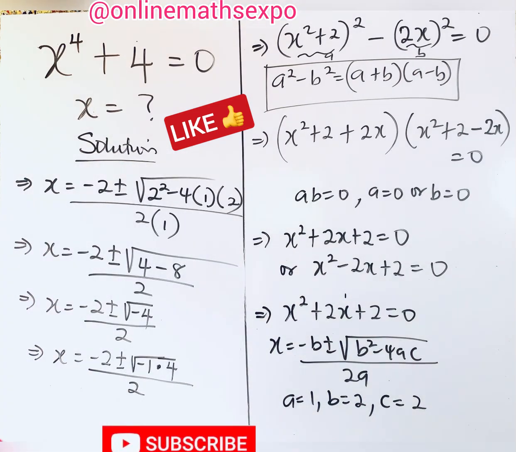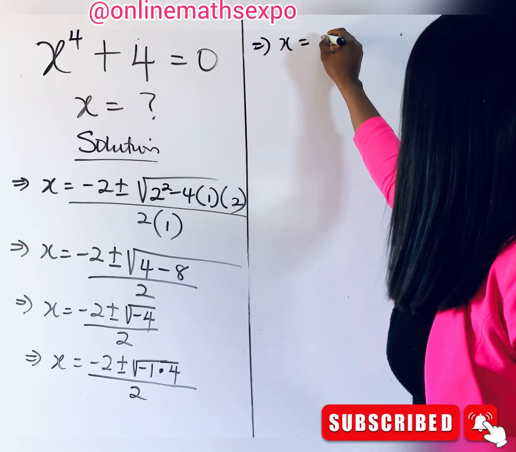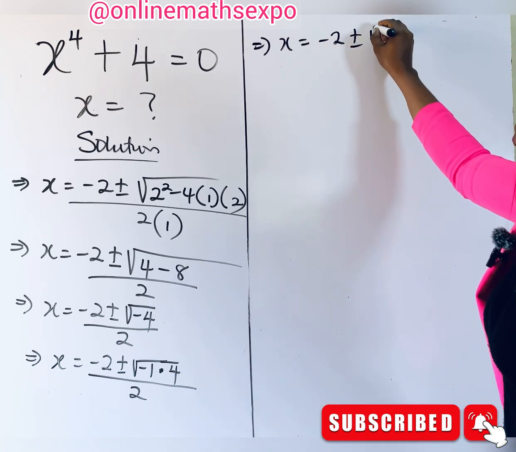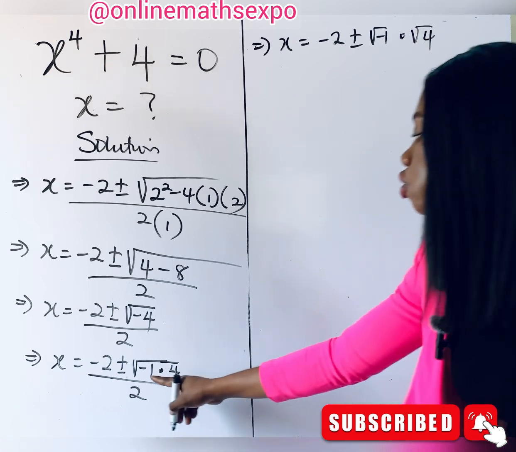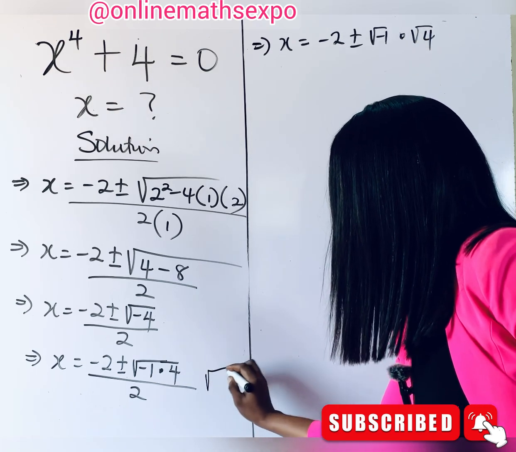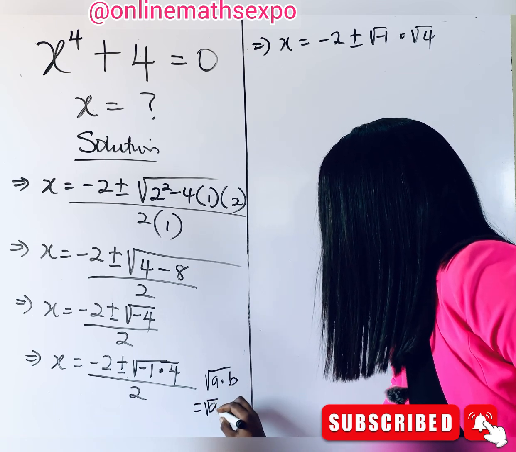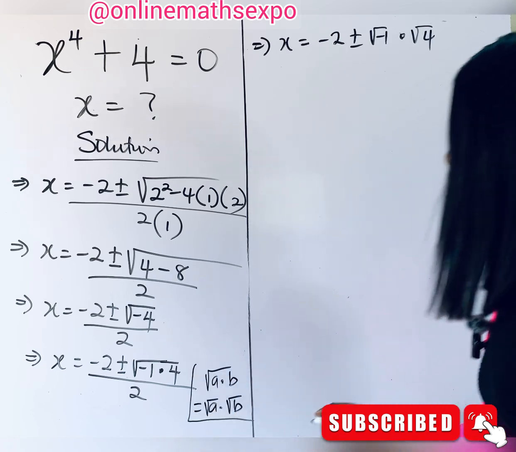Simplifying this, x is equal to negative 2 plus or minus root negative 1 multiplied by root 4. You split it; remember that for every root of a multiplied by b, it is the same as root a multiplied by root b. So this is our guide.